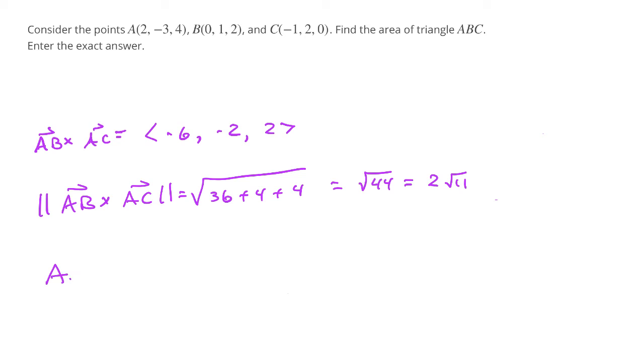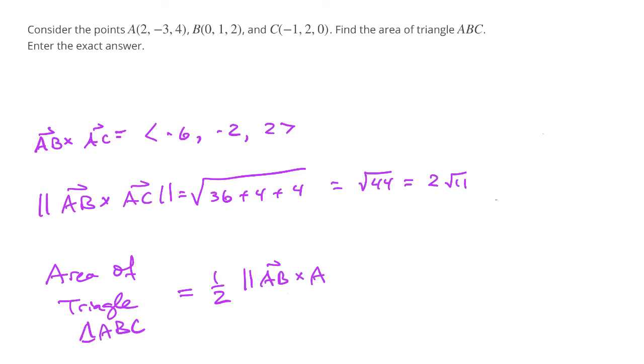The area of the triangle ABC then is going to be half of the length of this cross product. And so we have 1/2 of 2 root 11, or just an area of the square root of 11.